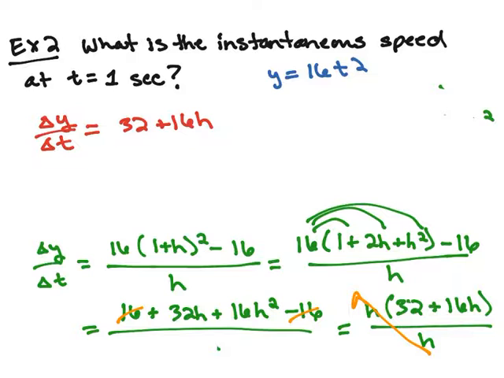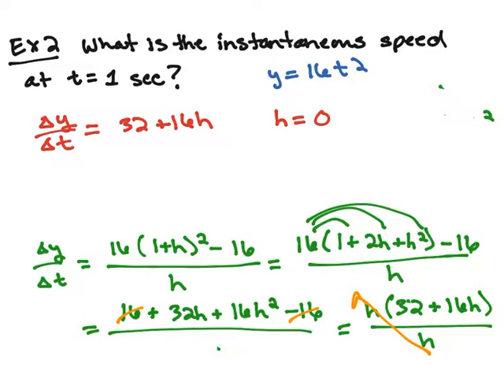Now remember what h is. h is the distance between my t1 and my t2. But if we are at the instant of t equals 1 second, that means we want h equal to 0, right?